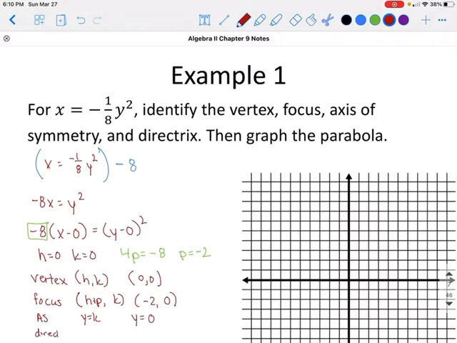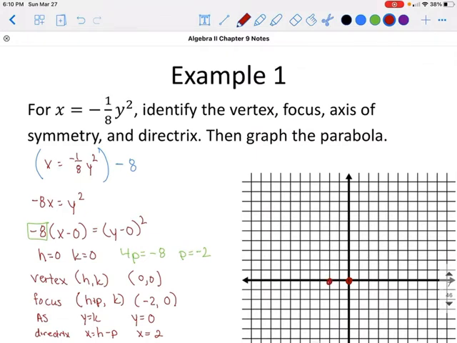And our directrix will be x is equal to h minus p, or 0 minus negative 2 will become a positive 2. So our vertex is at 0, 0. Our focus is at negative 2, 0.